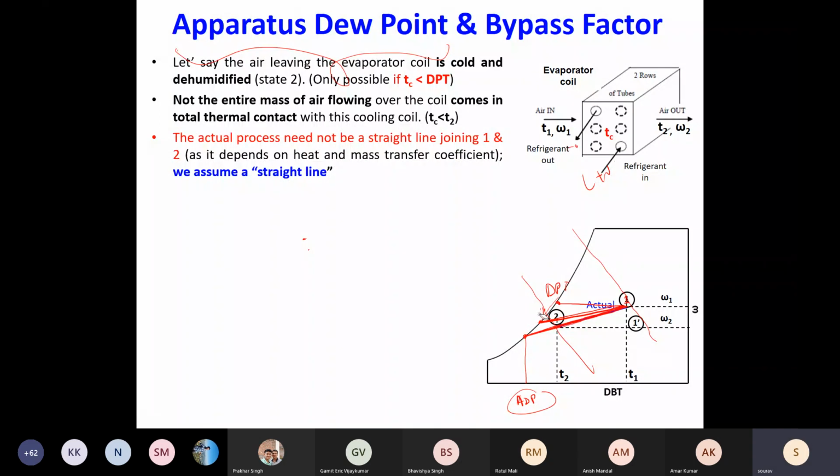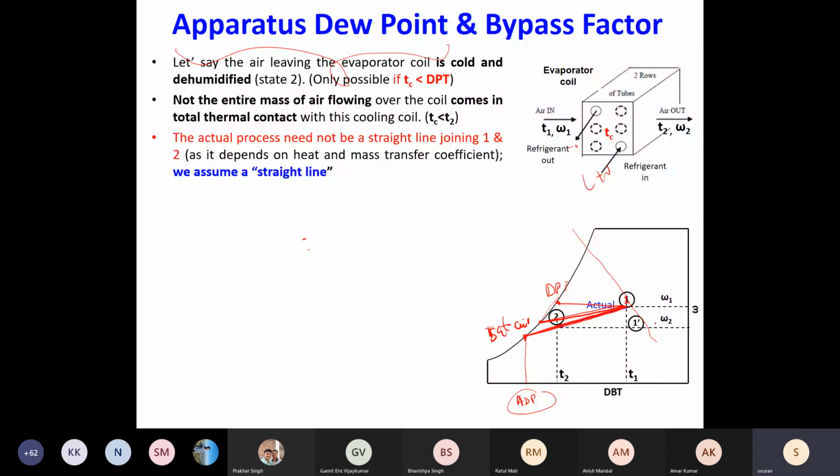So what is meant by apparatus dew point is, if you had 100% effectiveness in your heat and mass transfer process, then you would reach your apparatus or coil temperature, and you will have saturated air exiting your coil at your coil temperature.